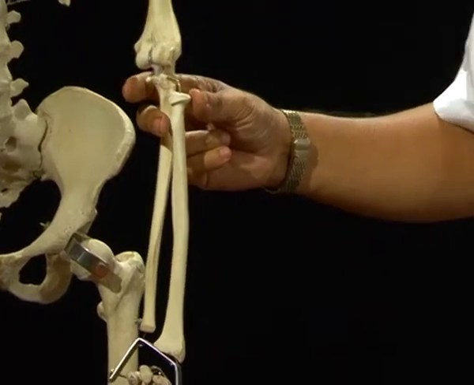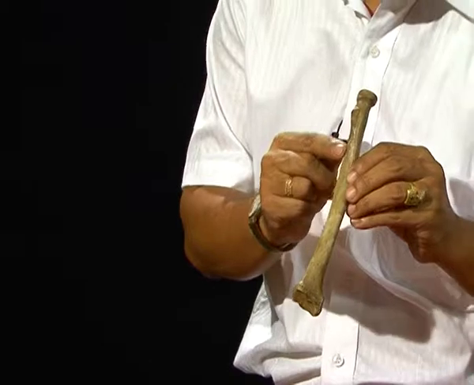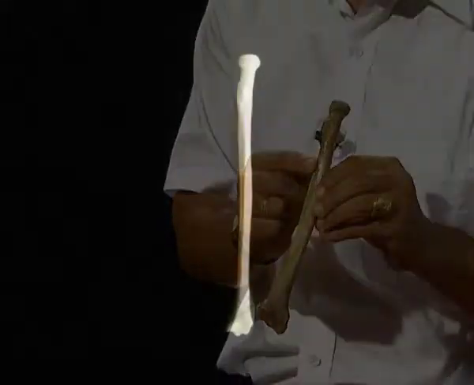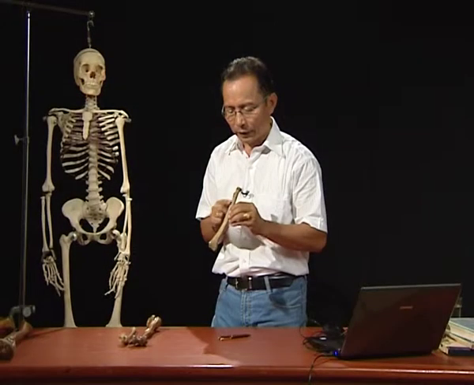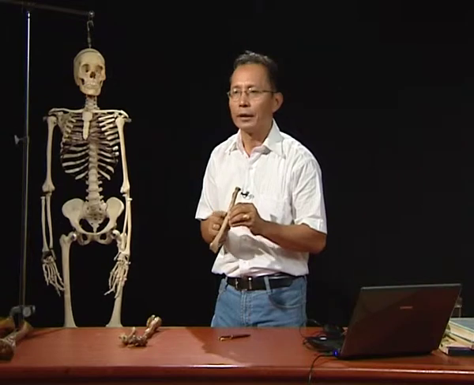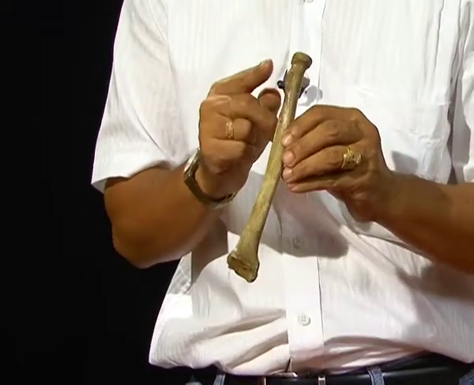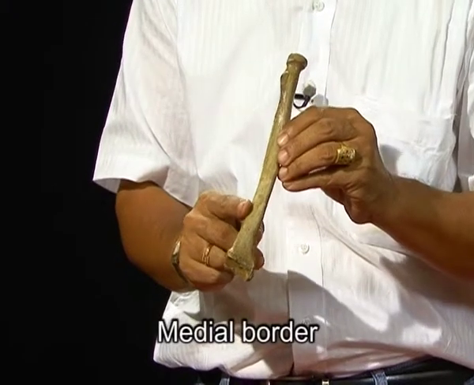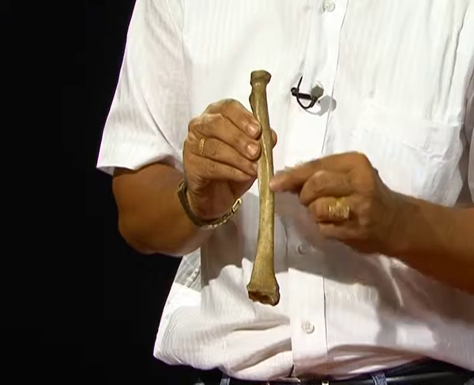On this bone there is a sharp ridge here. This is called interosseous crest, and this interosseous crest represents the medial border. So this shaft will be having three borders. This is medial border. Here there is another border in front.